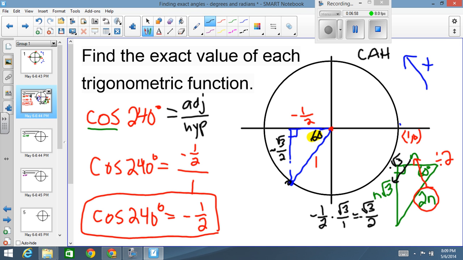If we think about this point on the unit circle right here, that point is negative 1/2, which is the amount that I went to the left, comma, negative radical 3 over 2, which is the amount that I went down. Now that is not necessary for this problem. This is our answer. But for the sake of moving forward, we're going to need to find that for the unit circle. Pause it now if you have questions.